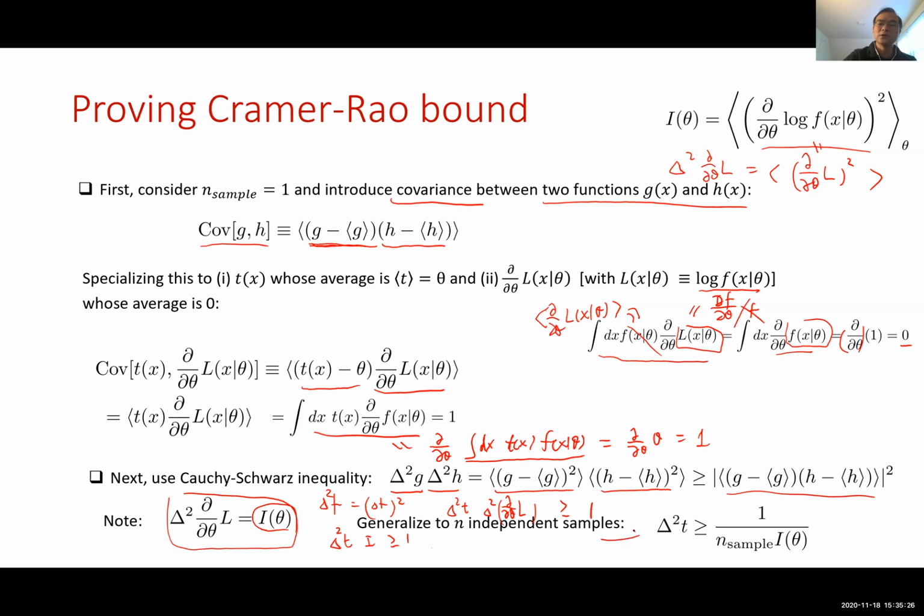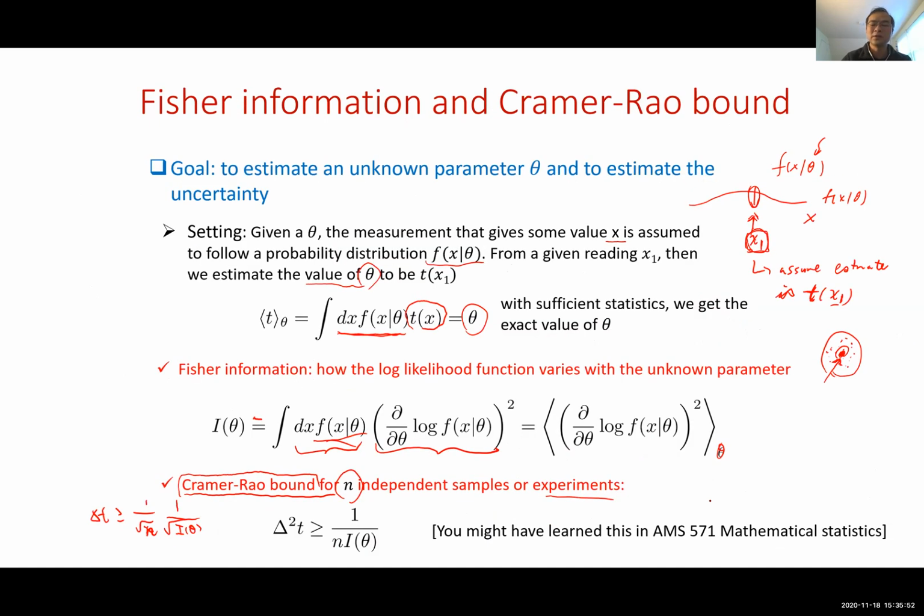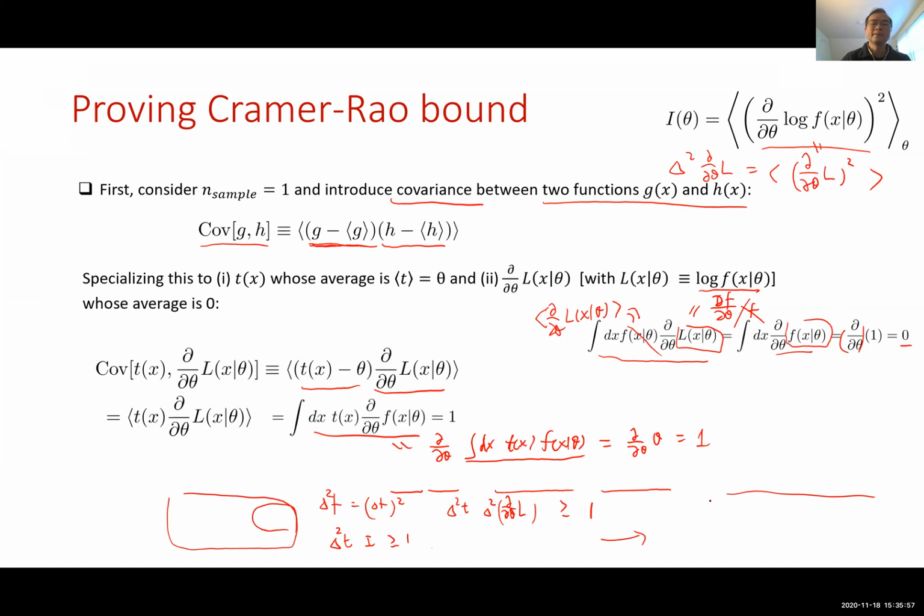Therefore delta t squared is greater than 1 over the Fisher information. And for n samples, I just put it back because if you consider doing this n times, you have a factor of n here. If you haven't seen this proof before, you might want to go back and rederive it yourself.